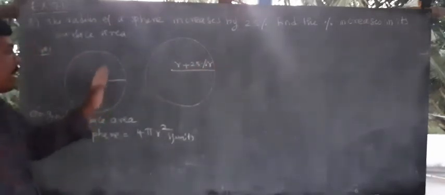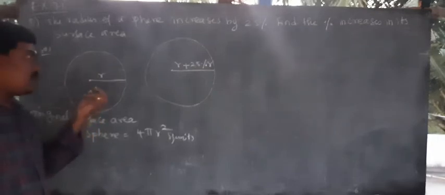So ordinarily we have one sphere with radius r, and another sphere will have its radius increased by 25%. For example, you are having 100 rupees, and 25% profit means now what rupees are you having? 100 plus 25, so 125 rupees.